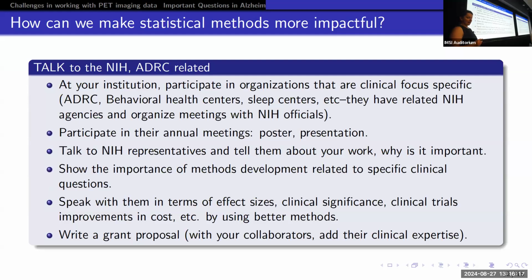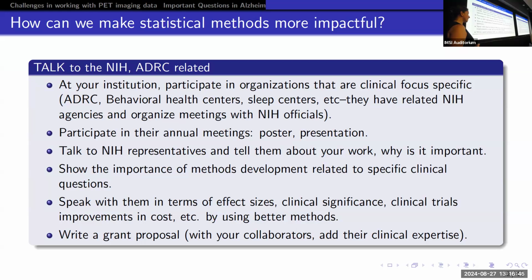And then one thing I learned is that at your institution, it's good to participate in organizations that are clinical focus specific, okay? We have ADRCs, behavioral health centers, sleep centers, and they have related NIH agencies and organize meetings with NIH officials. So participate in their annual meetings, have posters, talk to the NIH representatives and tell them about your work and why it is important, and they do actually listen.